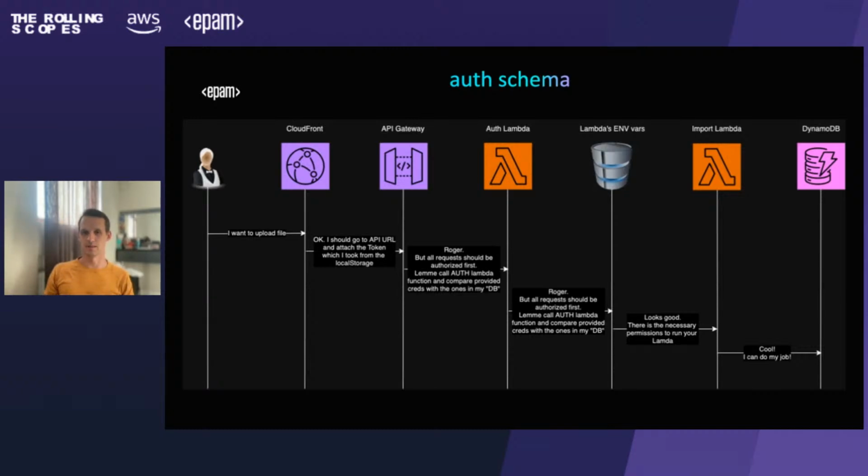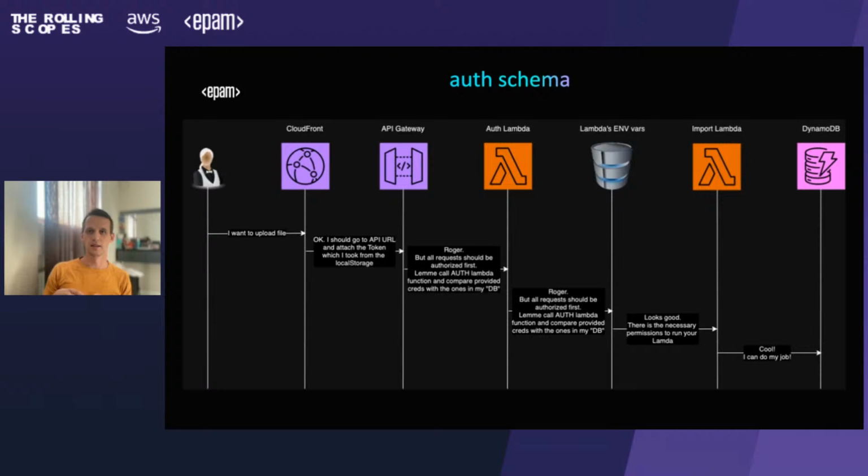In this case, it would be just local storage inside our web application. This authorization Lambda function would just compare the provided token from the front-end part with the existing one in the Lambda function environment variable.